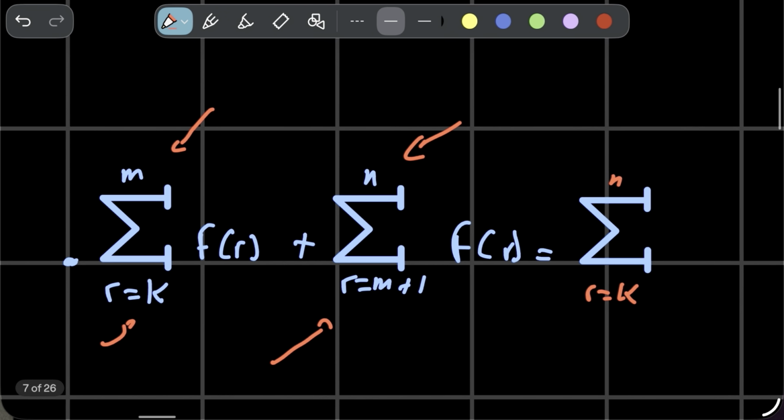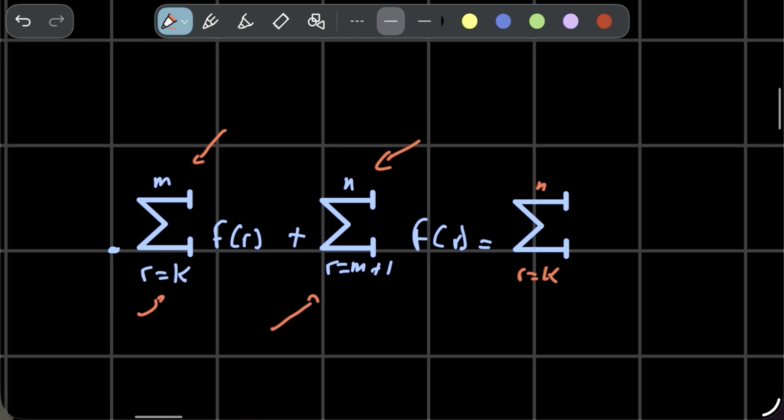So if we have something like this, some kind of recurring one, we can just eliminate this and eliminate this, and we will be left with r equals k to n in the sigma.